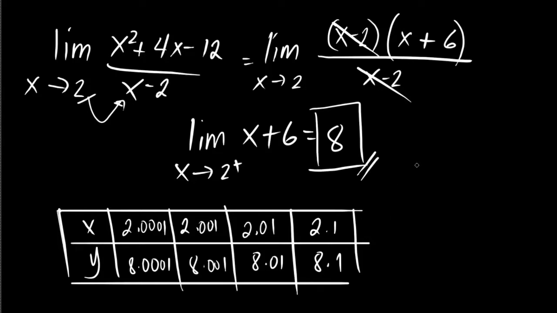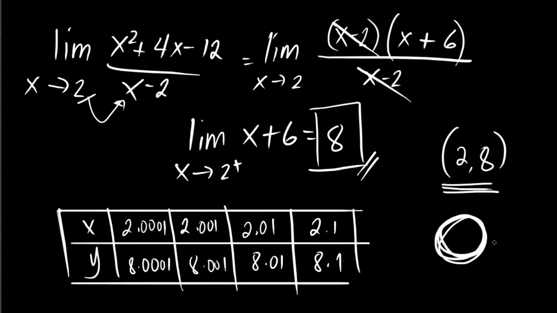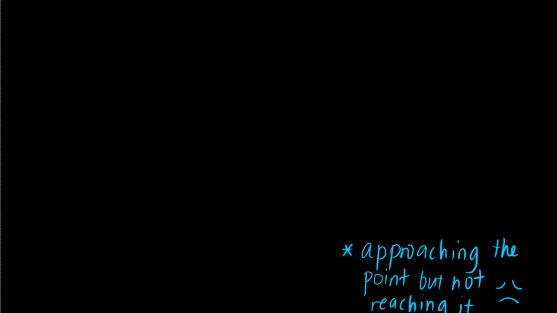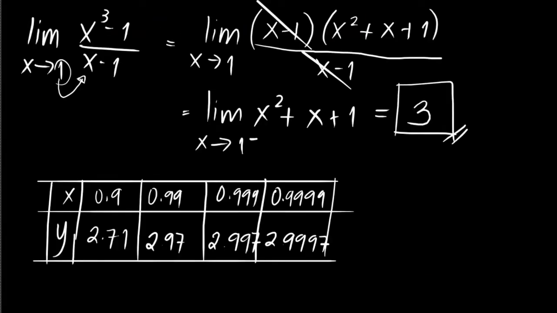But don't forget, guys, when you are going to plot the graph of this line, ang inyong graph sa 2, 8, sa ini nga point, dapat hollow ang inyong point. The same will apply to this one.